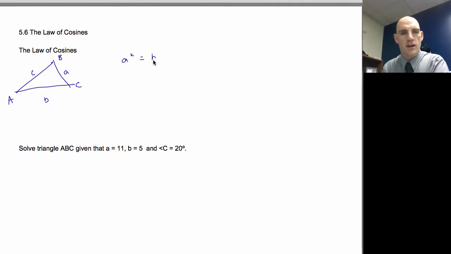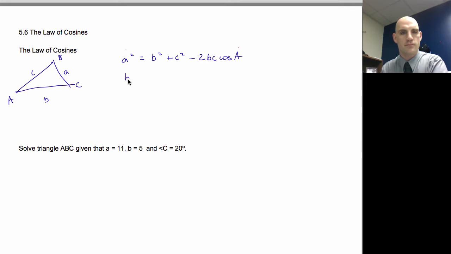a squared equals b squared plus c squared, vaguely Pythagorean. But then we have to account for the fact that it's not a right triangle, so minus 2bc cosine of A. Notice a couple things. I've got a on the ends, and then everything in the middle is the b's and the c's.